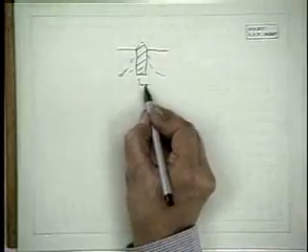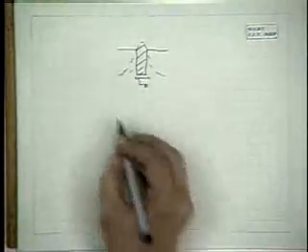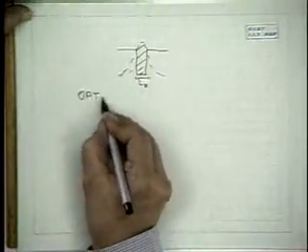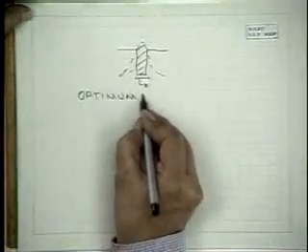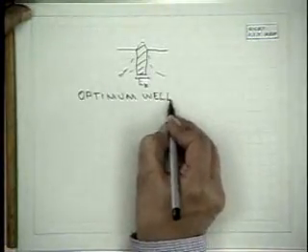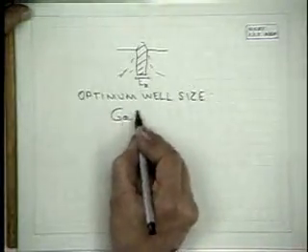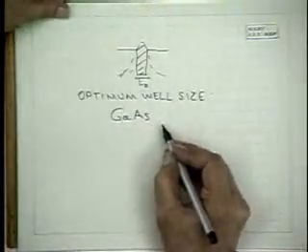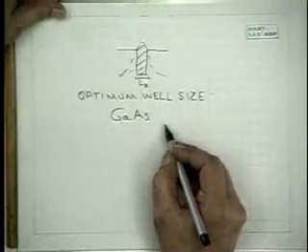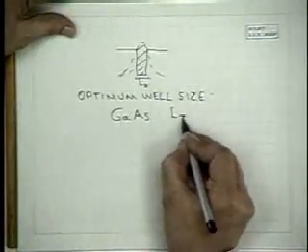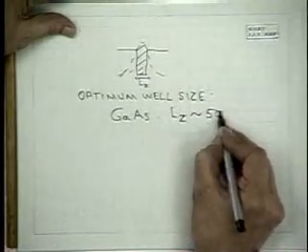So there is an optimum well size depending upon the material. For gallium arsenide, the optimum well size for strong absorption due to excitons, Lz, is of the order of 50 angstroms.